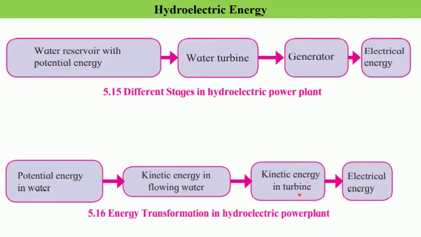Kinetic energy in turbine: the turbine also rotates, so it also has kinetic energy. And this kinetic energy of the turbine finally gets converted into electrical energy. So this is the energy transformation which takes place in a hydroelectric power plant.